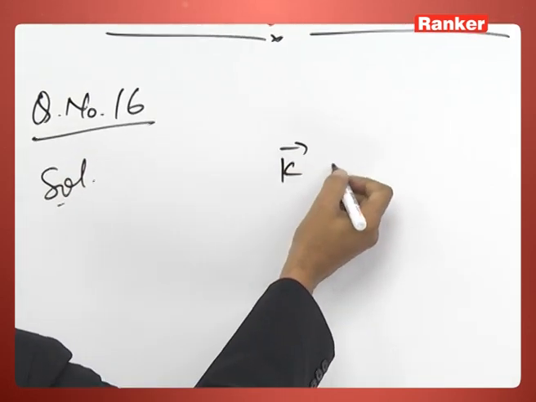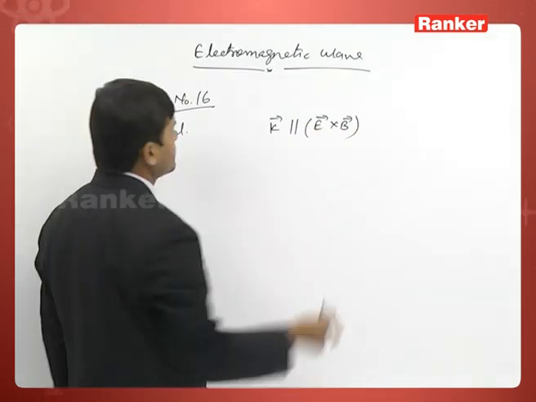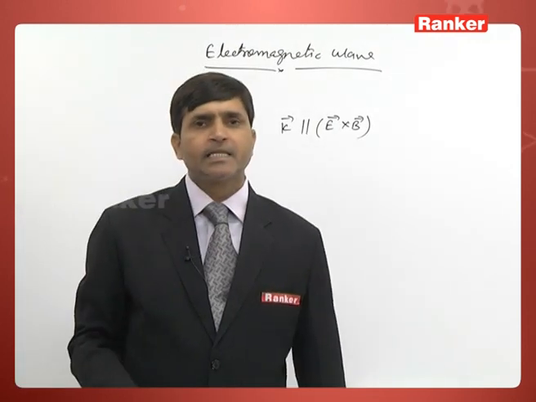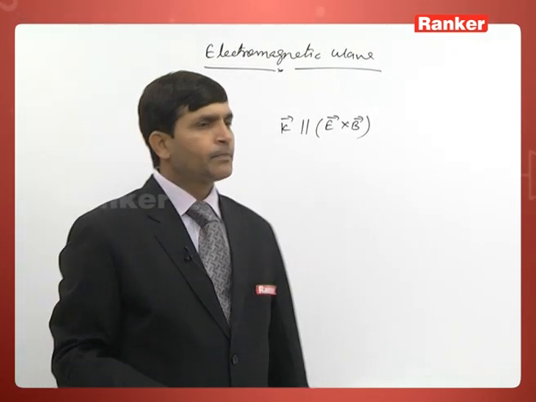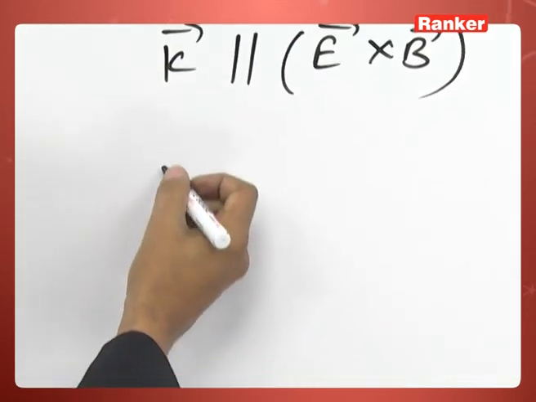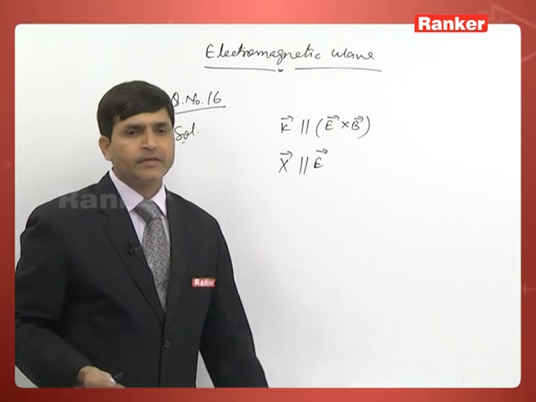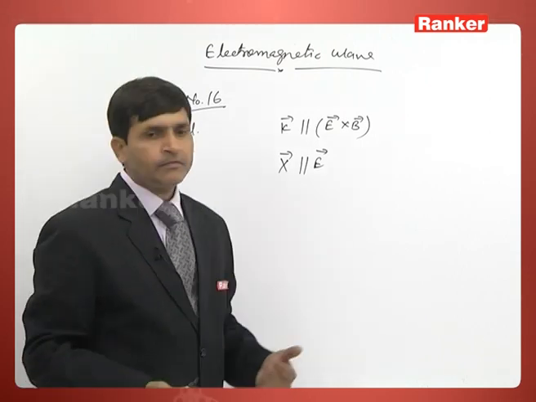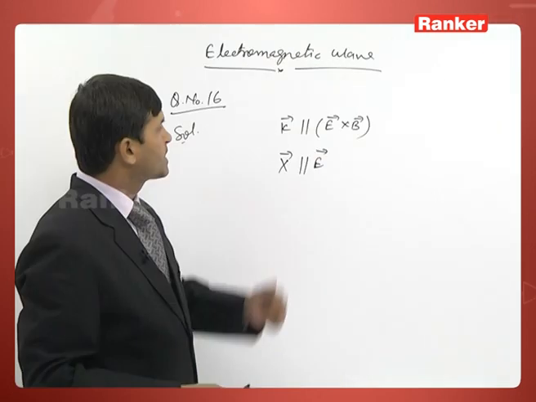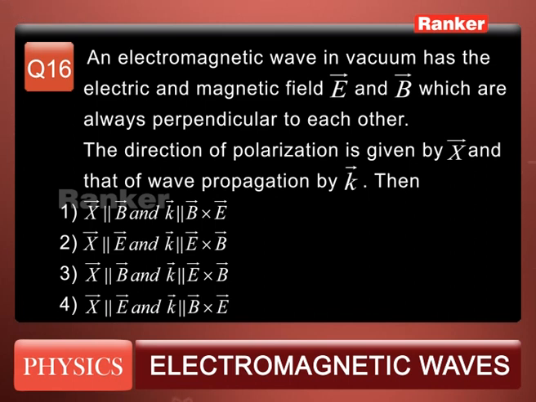And vector x is defined as the polarization. We always define polarization by the electric field vector, so x vector must be parallel to the electric field vector. So our second option, which has x parallel to E and k parallel to E cross B, is the correct option. So option 2 is the correct answer.